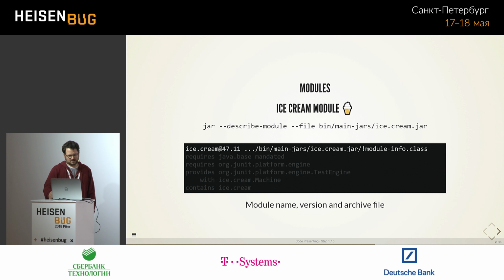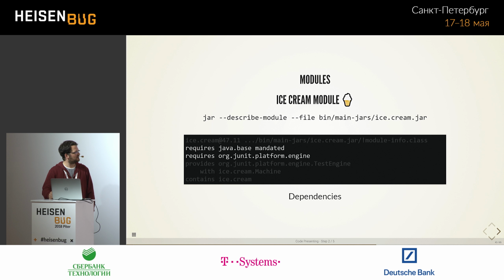So the last one was the ice cream module. You see you can have versions in here when jarring the modular jars. It requires java.base. That's not a surprise. But here we see it requires org.junit.platform.engine on the module path with all its dependencies to run.